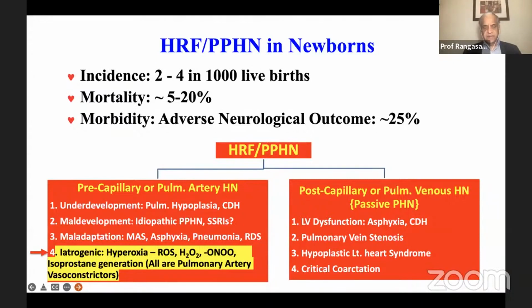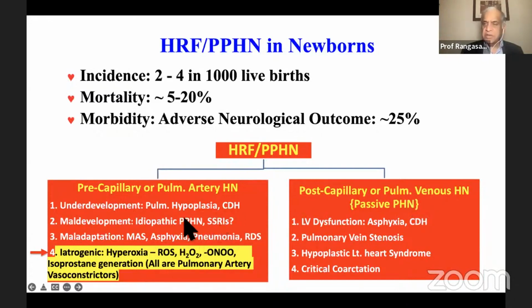Before I move on further, I want you to think about two things. When we talk about pulmonary hypertension, is it pre-capillary pulmonary arterial hypertension or post-capillary pulmonary venous hypertension, the so-called passive pulmonary hypertension? You want to know that because what you do for pre-capillary should not be done for post-capillary.